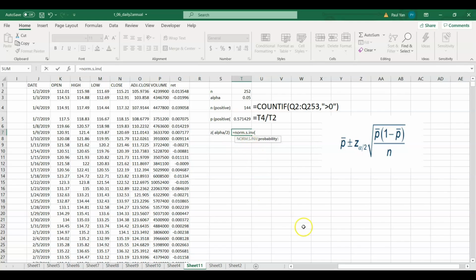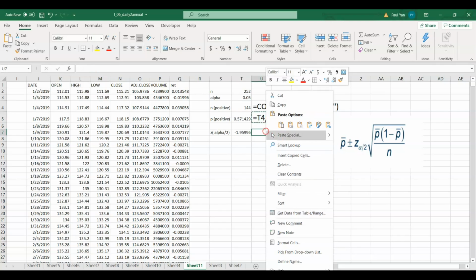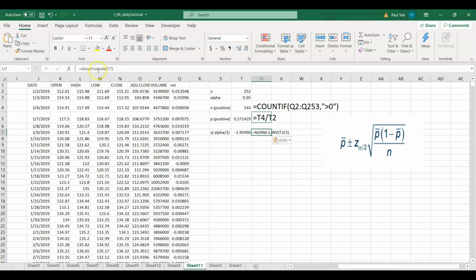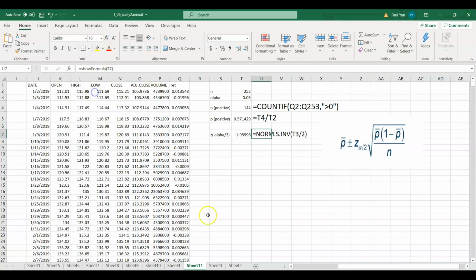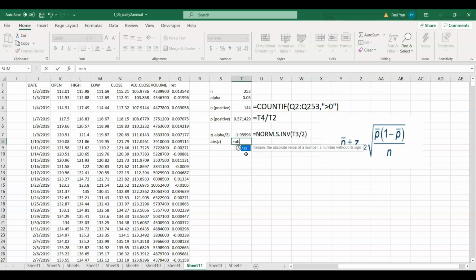We have the probability, which will be 5% divided by 2 because this is two-sided. I'm going to copy and show formula. Because here we assume it's a positive value, I use the absolute z value. We always choose the positive z value.